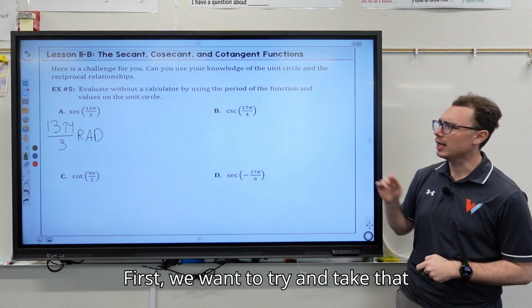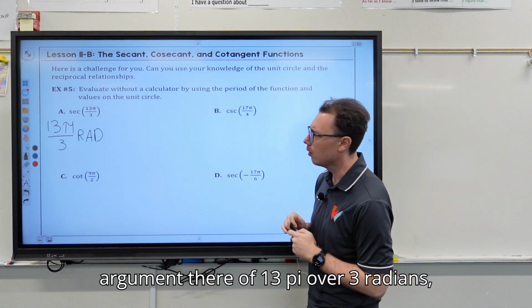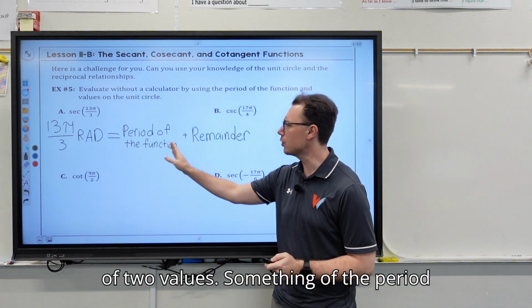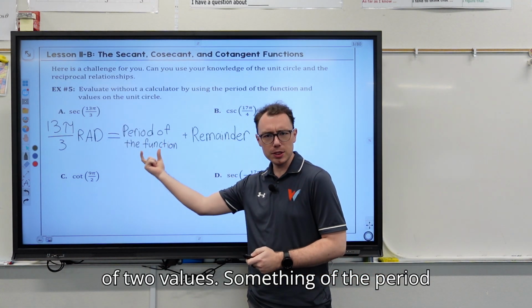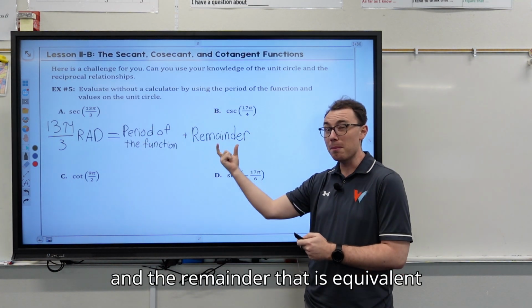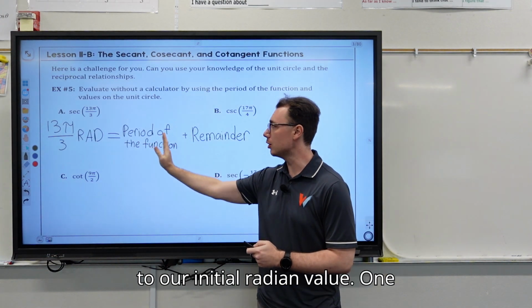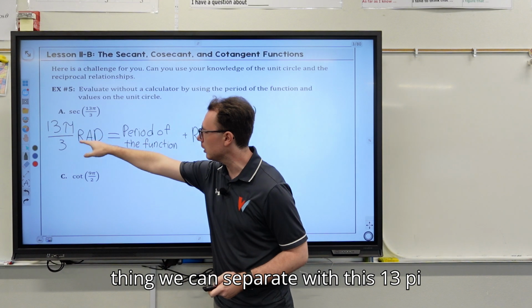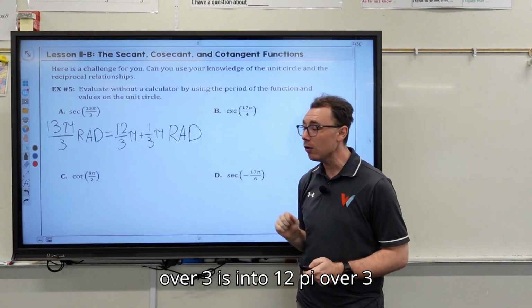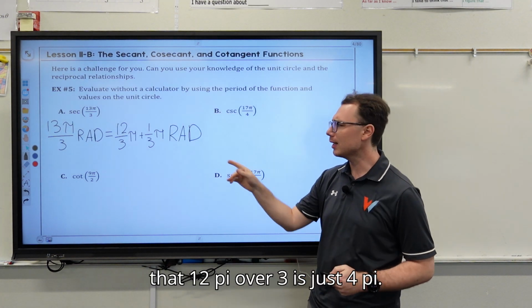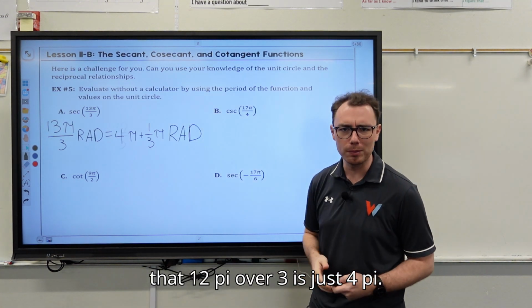First, we want to take that argument of 13 pi over 3 radians and break it up into a sum of two values: something of the period values for the trig function, and the remainder that is equivalent to our initial radian value. One thing we can do is separate 13 pi over 3 into 12 pi over 3 and 1 pi over 3 radians, and 12 pi over 3 is just 4 pi.